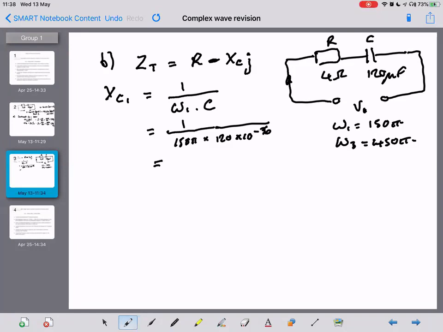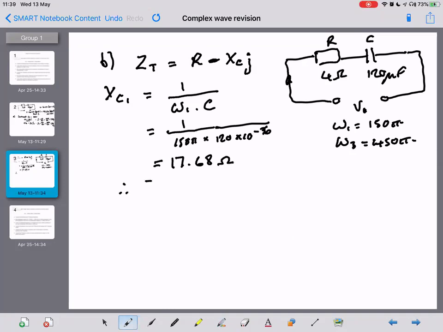I have to change this into radians now. Yes, there you go. 17.68. Units? Ohms.